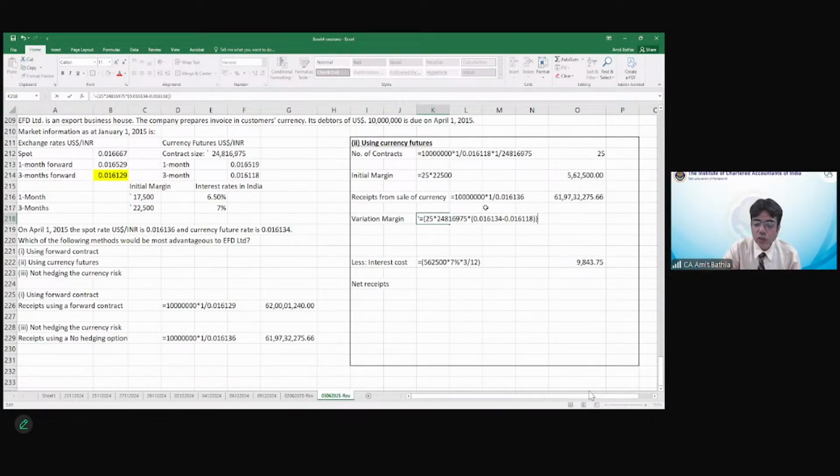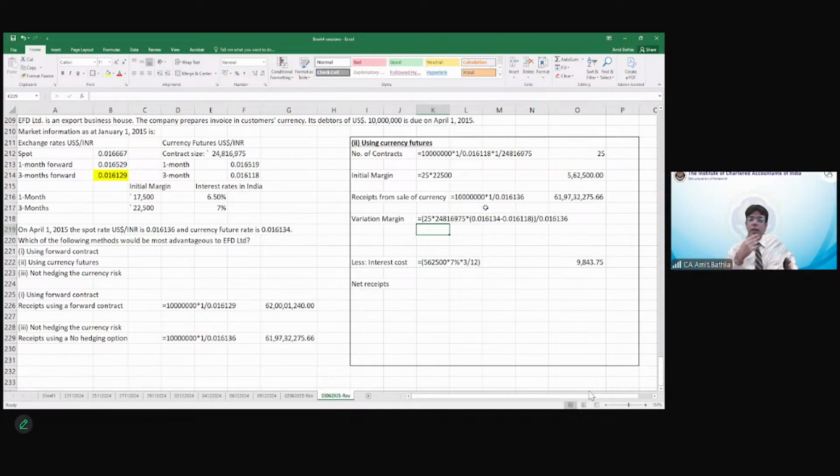And I am going to further convert this at what rate? I am going to convert this at the spot rate. Try to internalize this. What is happening? So say, for example, we have 25 contracts into 2481,6975.